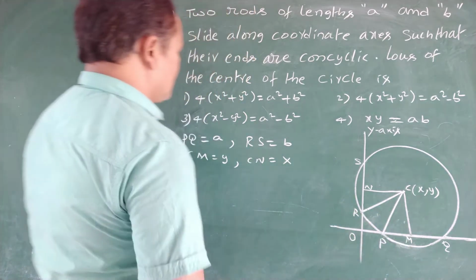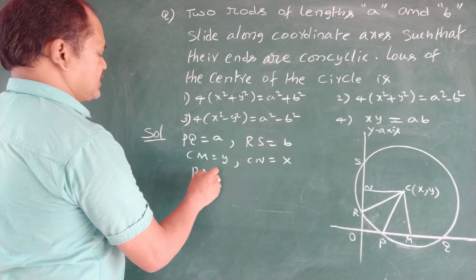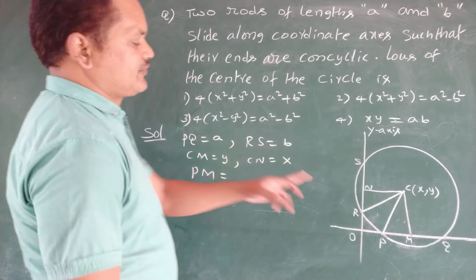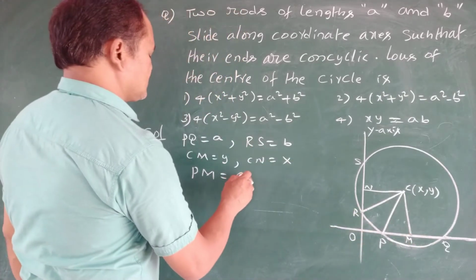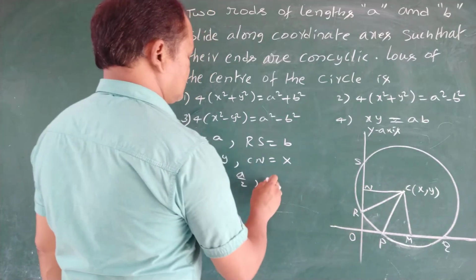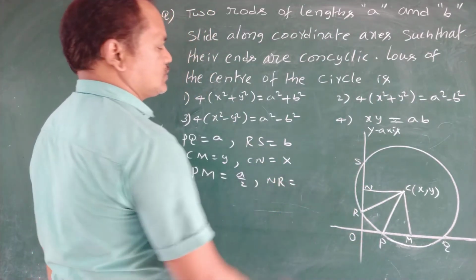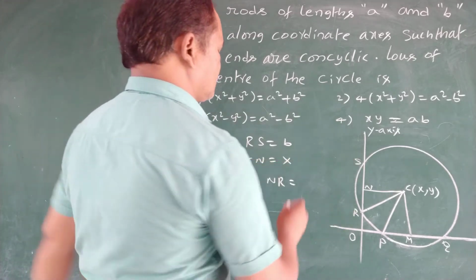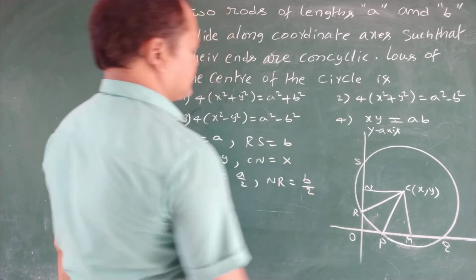Now PM. What is PM? PM is half of PQ, that is a by 2. And what is RN? RN is also half of SR, that is b by 2.